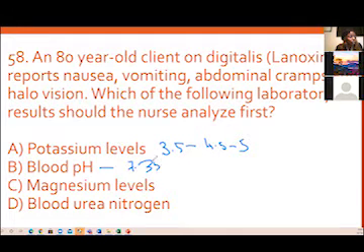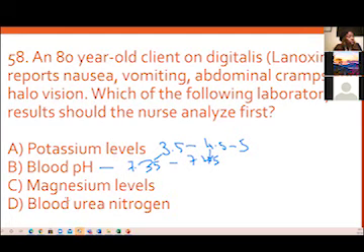If you remember this, look at this, see how close it is? So blood pH is 7.35 to 7.45. The lower the pH is, the more acidic it is.